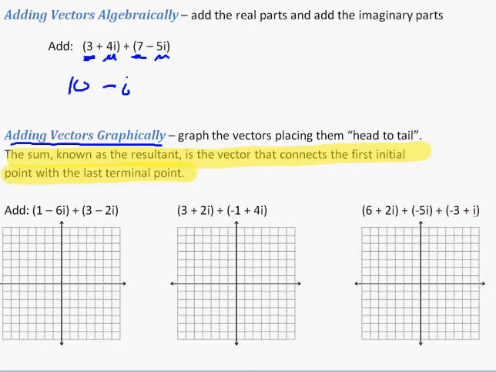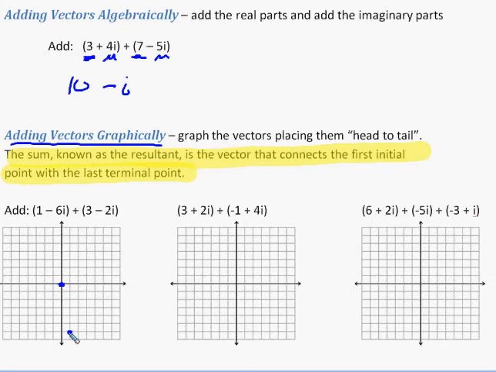So we'll start with this first one. Seems obvious we should start with the first one. We got 1 minus 6i. So 1 minus 6i, we'll start at the origin. So we're going to go right 1 and down 6. That's here.